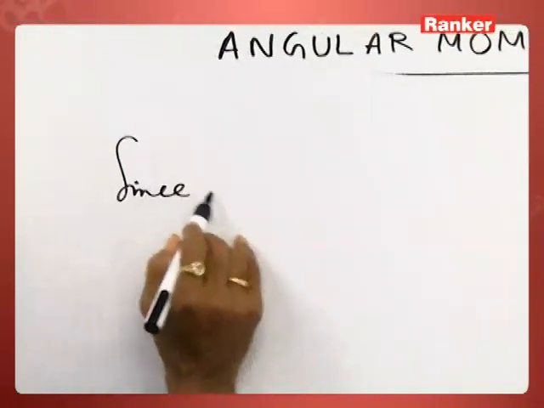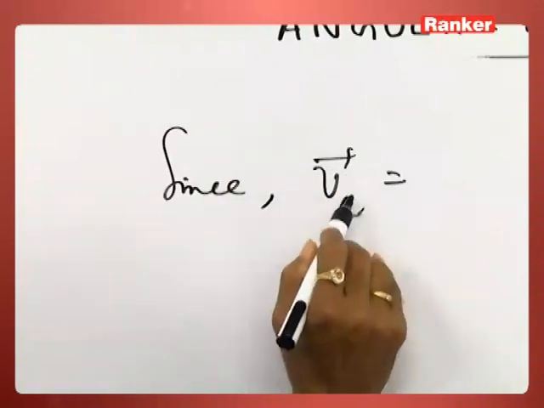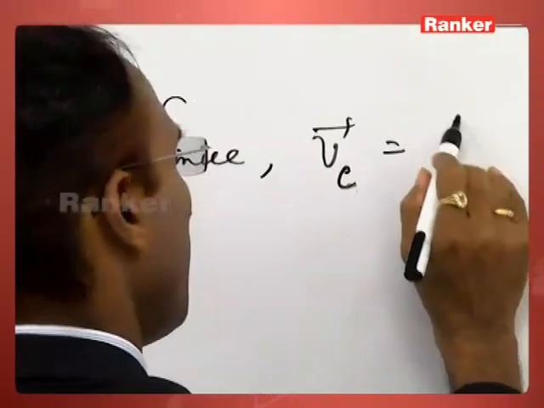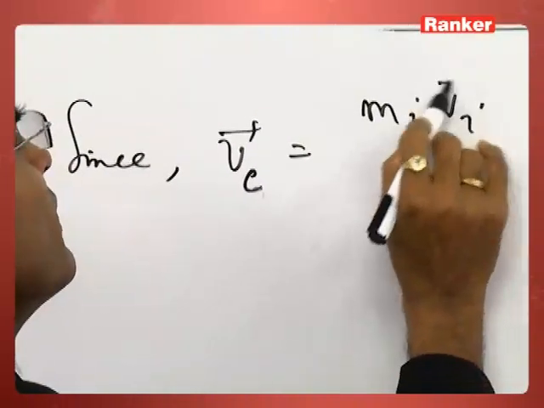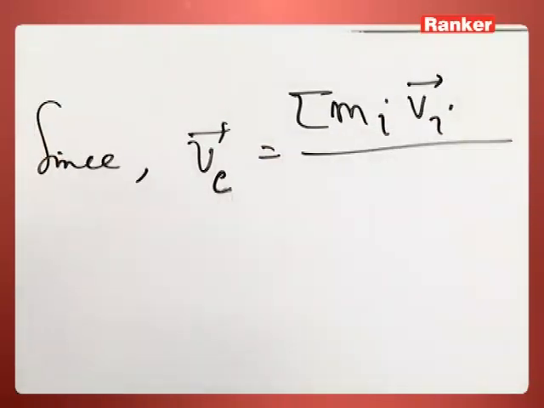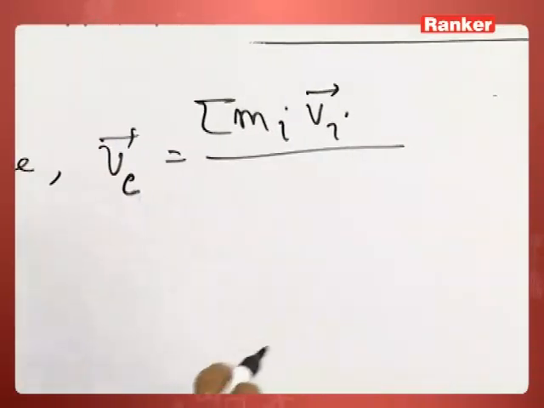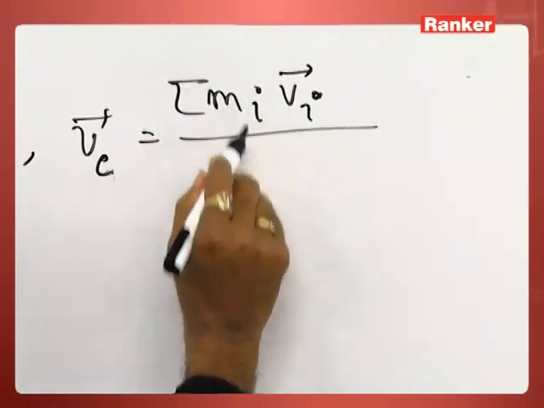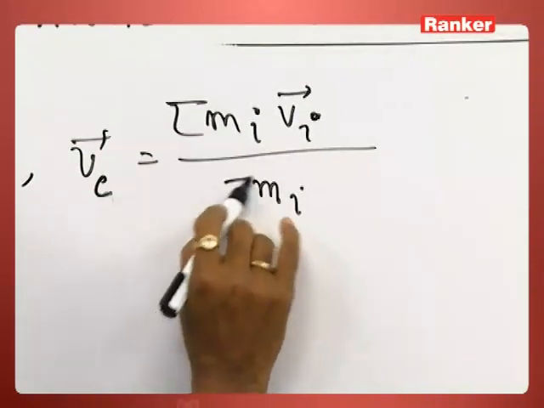Since velocity of center of mass with respect to ground is given as the sum of momenta of all particles with respect to ground or any fixed reference point, upon the total mass of the system.